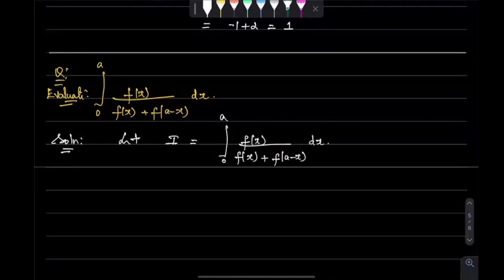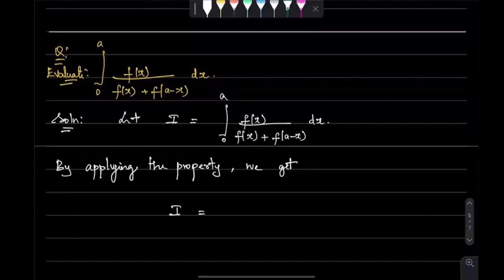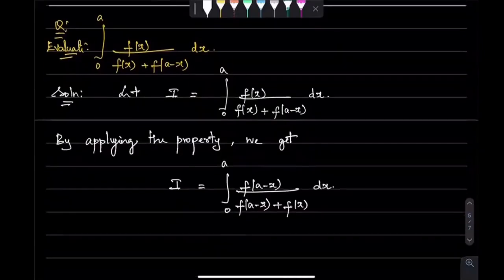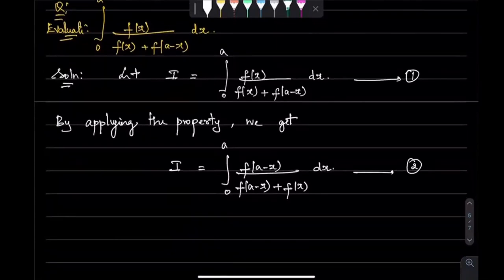So if I apply the property, I is equal to the integral from 0 to a of f of a minus x divided by f of a minus x plus f of x dx, right? Yes, sir. Everybody got the same? So I'm taking this as the first, and this I'll take as the second equation. I'm going to add 1 and 2. What do I get if I add 1 and 2?